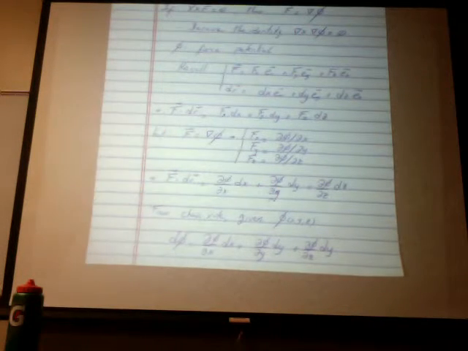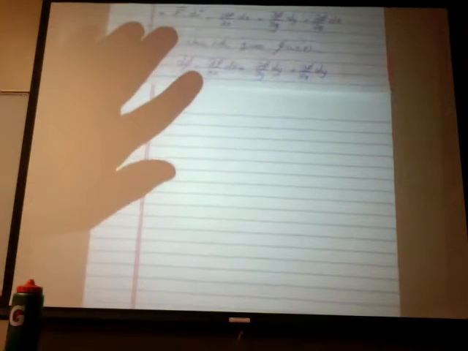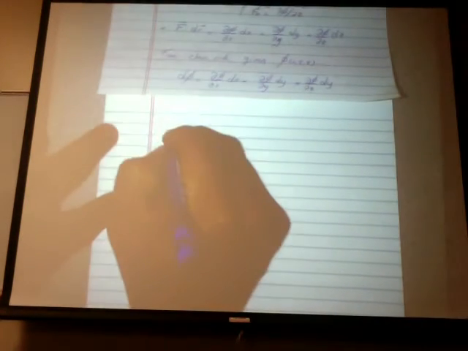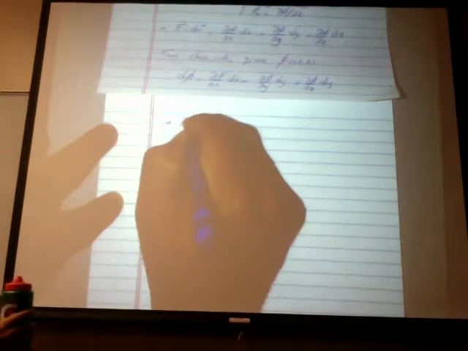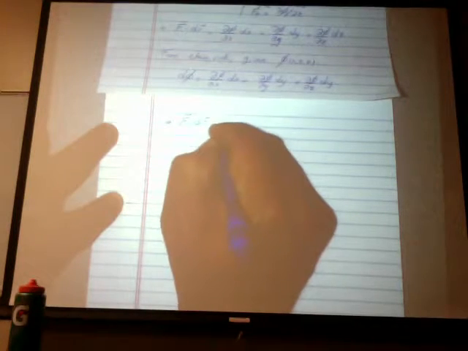That's identical to what we have up there. Right? And therefore, F dotted into dr is simply dphi.